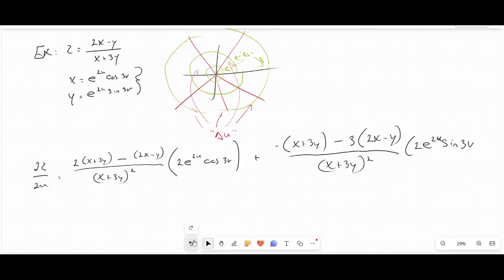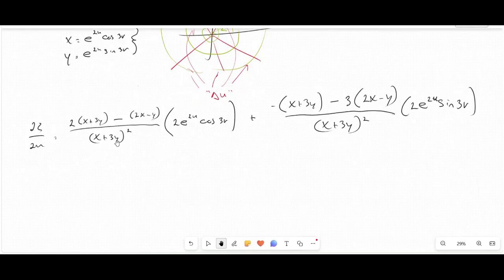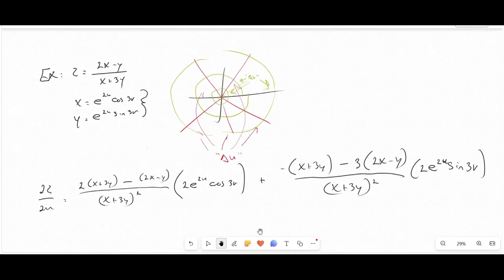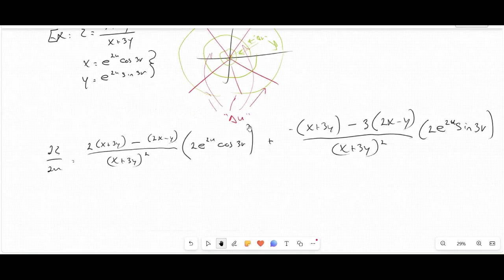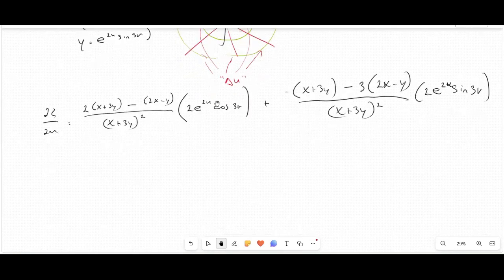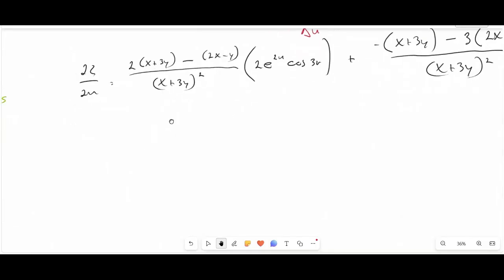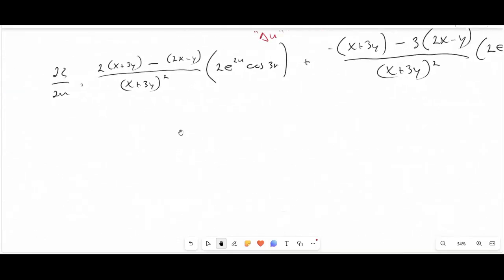I'm just going to leave this like this because no matter what, it's going to be nasty, right? So you can simplify the x and y stuff and leave it in x and y, and then leave the u and v like this. This looks complicated enough that there's no form that you're going to be very, very happy with. So save yourself the trouble.